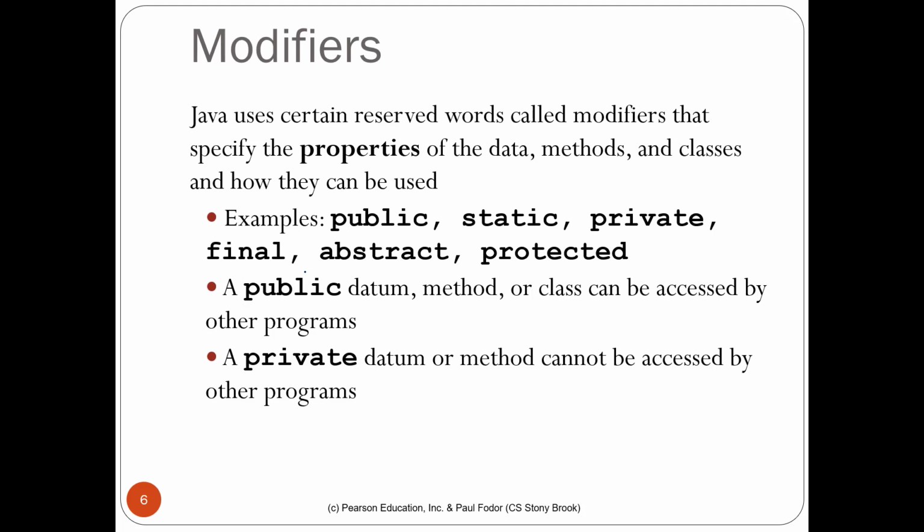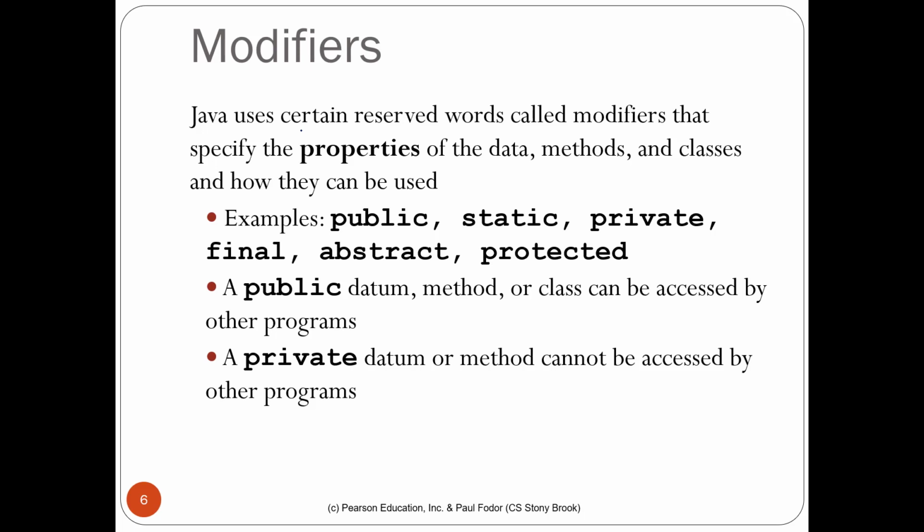Okay, now to the modifiers. As I showed you in that program, public is an example of an access modifier. What's the purpose of these modifiers? Why should we have modifiers in Java? If you use a specific modifier, then that modifier will impose some restrictions on the usage of a class.